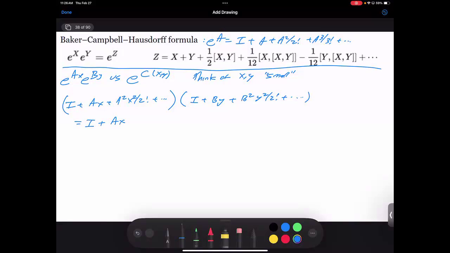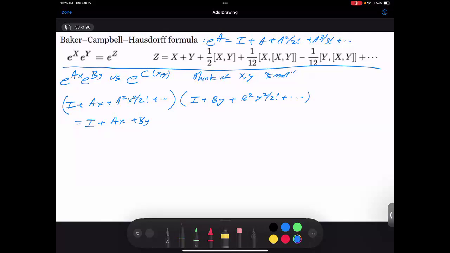What's the next term? by. Now, what's the next term? ax times by. Anything else living with ax, by? Third terms.